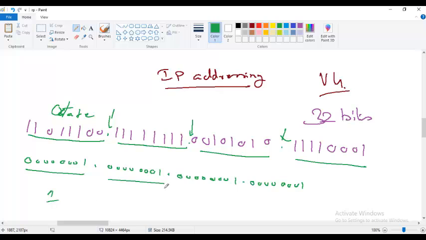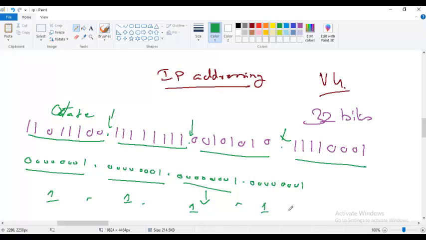That's the IP address that the human being can easily manage. The 0001 and all we cannot remember. But if someone is saying 1 dot 1 dot 1 dot 1, I know I can remember this. Easy. Because this decimal value is what we daily use in our market, in our buying and selling. So this is what they did.